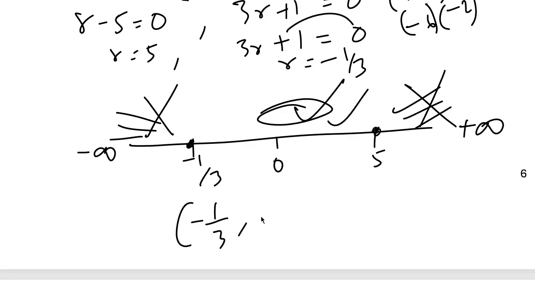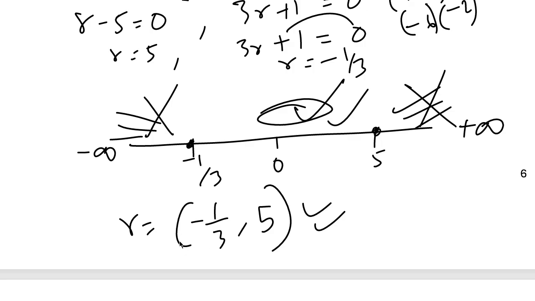Minus 1 over 3, comma 5. This is the answer to it. Remember, it's not like the other one where I said it could be minus 1 over 3 or 5. This bracket is implying that the values of r for which it has real and distinct roots are all values between minus 1 over 3 and 5.